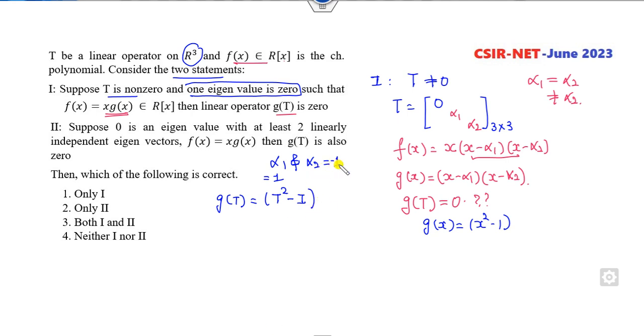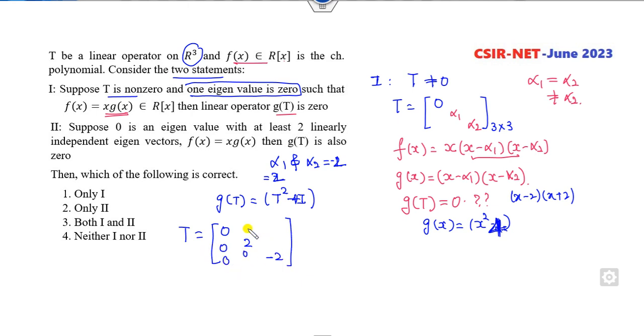Or you can take another number: 2 and minus 2, so x minus 2, x plus 2, x square minus 4. Now what is the actual value of T? One eigenvalue is 0, another eigenvalue is 2, and the third is minus 2.